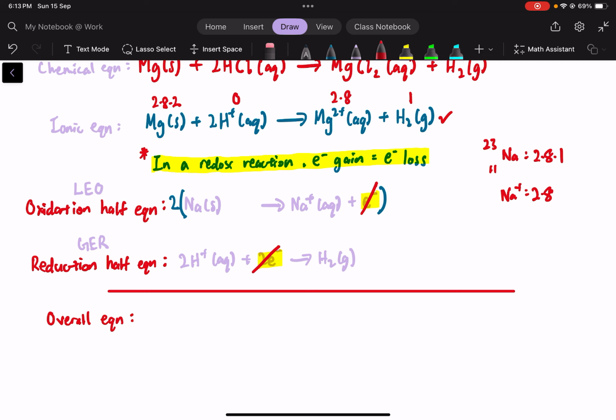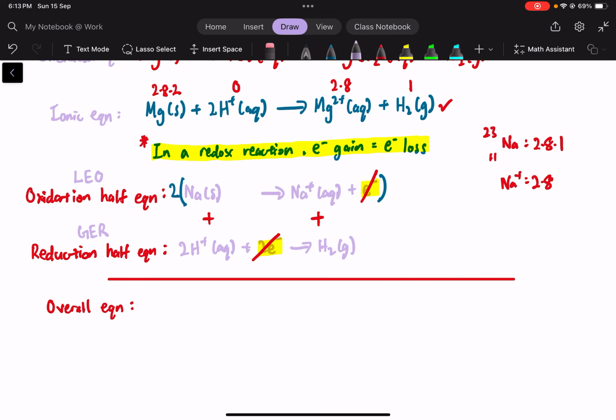Now we'll put an addition sign here, and from here let us add both the oxidation half equation and reduction half equation together, and we are able to obtain the overall equation.